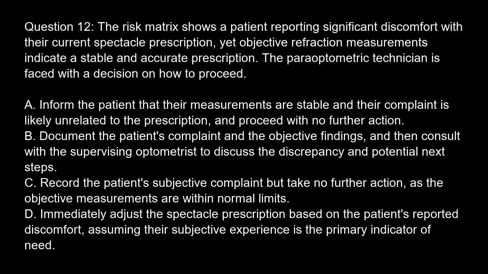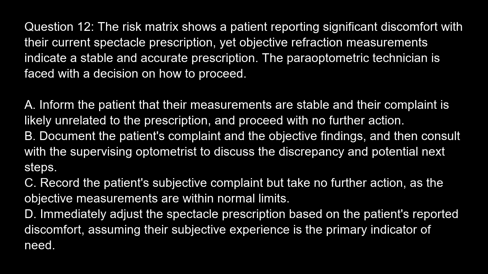Question 12. The risk matrix shows a patient reporting significant discomfort with their current spectacle prescription, yet objective refraction measurements indicate a stable and accurate prescription. The paraoptometric technician is faced with a decision on how to proceed. Option A. Inform the patient that their measurements are stable and their complaint is likely unrelated to the prescription, and proceed with no further action.